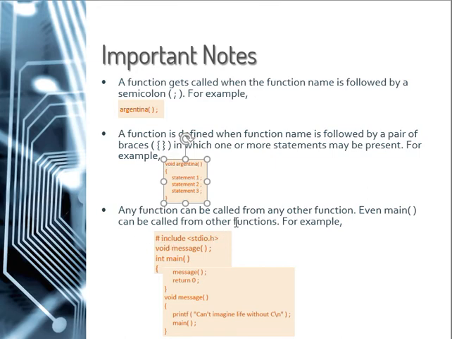Okay. Any function can be called from any other function. Even main can be called from another function. So, as you can see, we can also call main, because main is a function itself. So, main can be called from another function. But I advise you not to do this, so that you don't get confused, because by default, the function will return to main anyway.